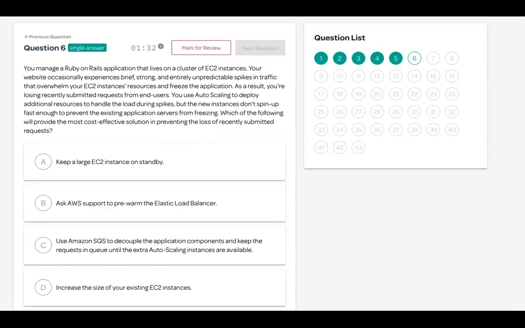As a result, you're losing recently submitted requests from end users. You use auto scaling to deploy additional resources to handle the load during spikes, but the new instances don't spin up fast enough to prevent the existing application servers from freezing. Which of the following will provide the most cost-effective solution in preventing the loss of recently submitted requests?